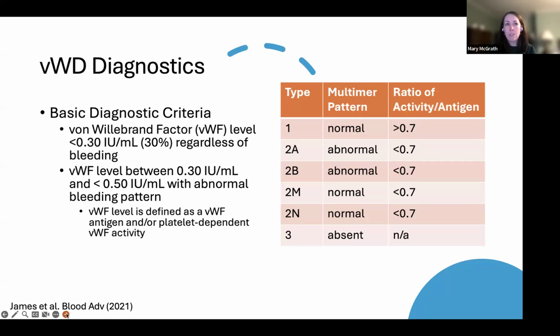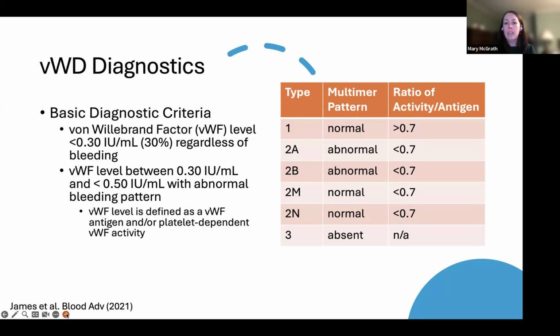And likewise, they also provided new guidelines that updated the classification of the subtypes of von Willebrand disease. To distinguish type 1 von Willebrand disease from type 2, we're now using a ratio between your von Willebrand factor activity and antigen of greater than 0.7 for diagnosis of type 1. If that ratio is less than 0.7, then it's more consistent with type 2 von Willebrand disease.